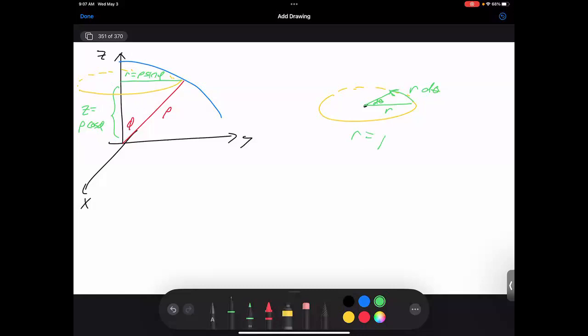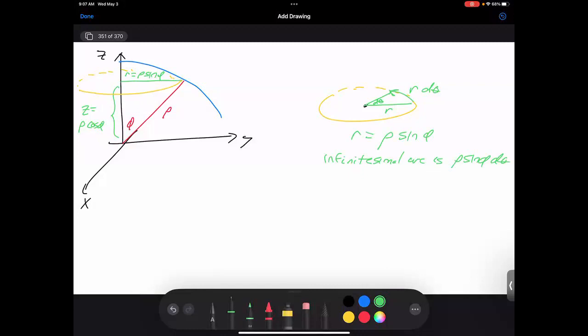R is rho sine phi. So the infinitesimal arc is going to be rho sine phi d theta.